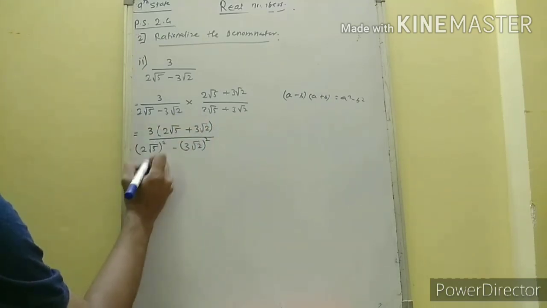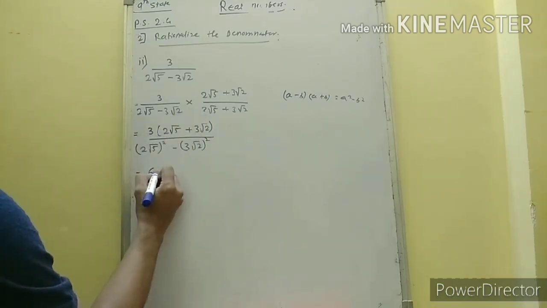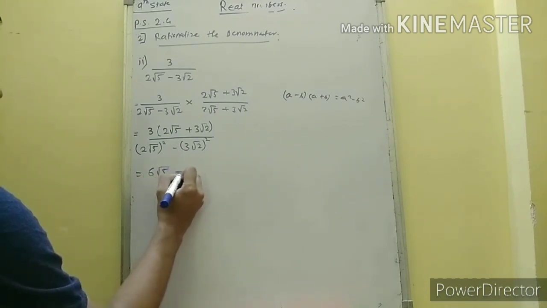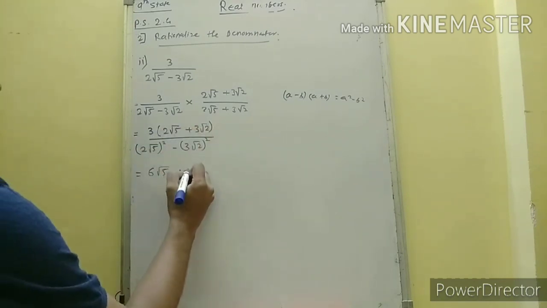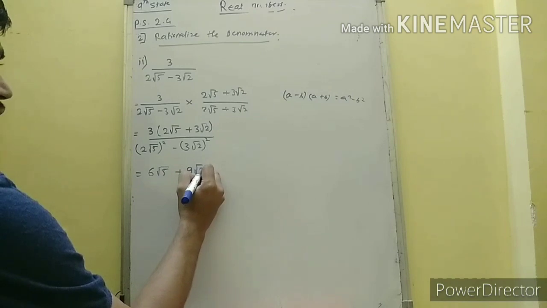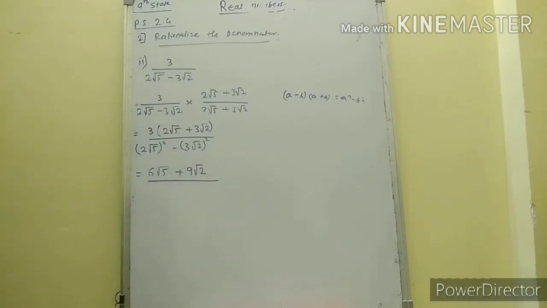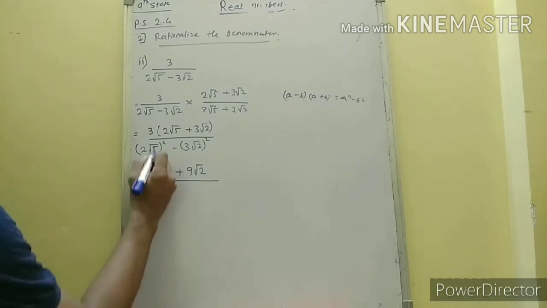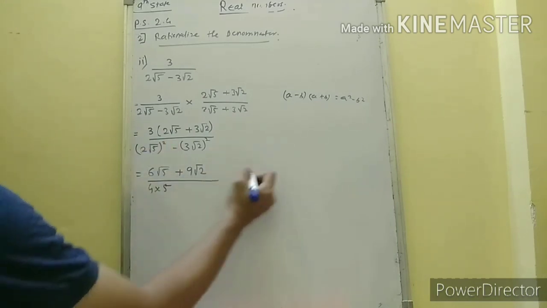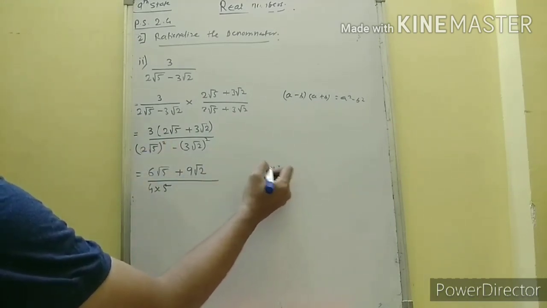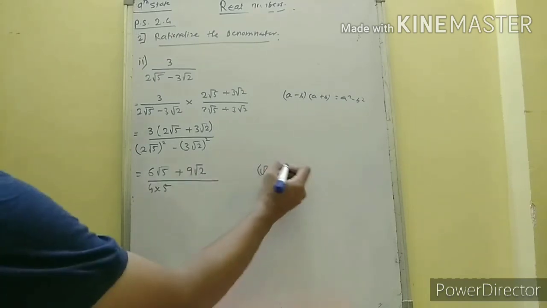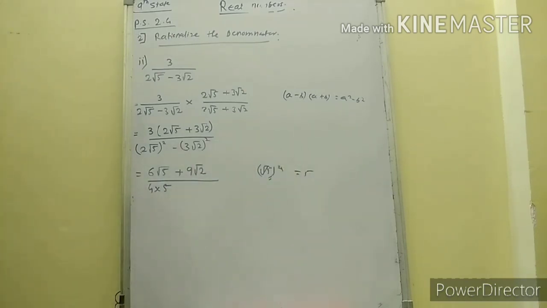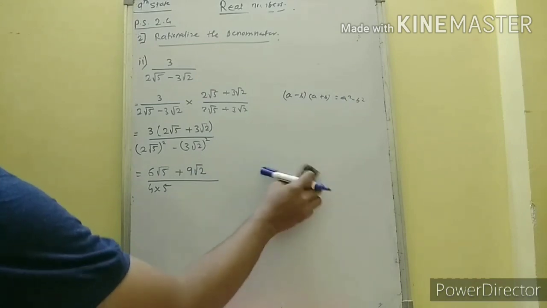Okay. So in the numerator, 3 2s are 6 square root of 5 plus 3 3s are 9 square root of 2 upon, now pay attention, 2 square will be 4 and square root of 5 square is 5. Square root gets cancelled.